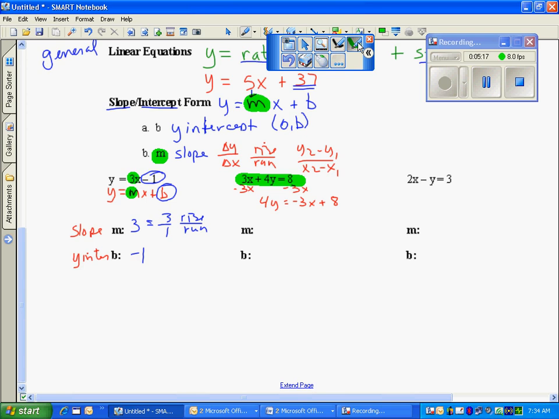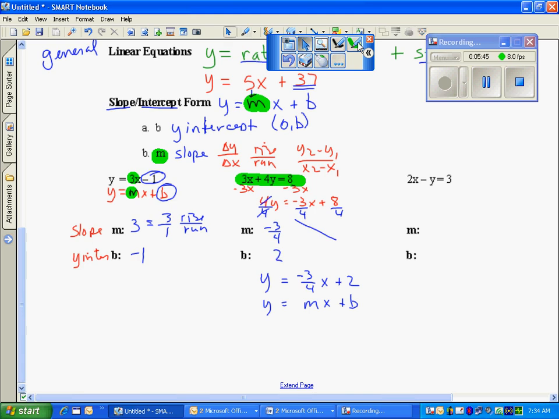In order to get rid of the 4, it's 4 times y, I'm going to divide. So looking at this, I have y equals negative 3/4 x plus 2. Now it's of the form y equals mx plus b. My slope m is negative 3/4, so we know that this is going to go in the downward direction, and my y-intercept is 2.